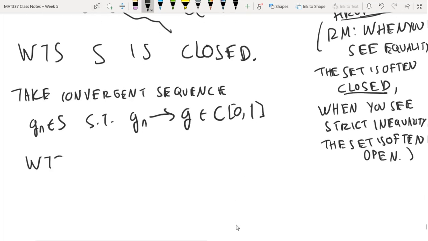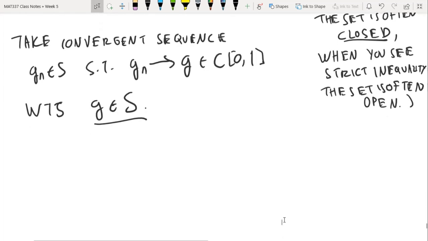I want to show g is also in S. Okay, so this question is actually very manageable. How do we do this?